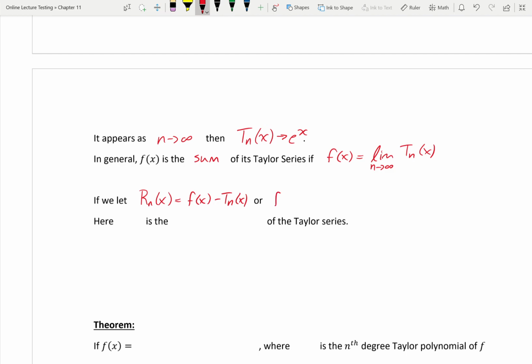Or f of x is equal to the Taylor polynomial plus the remainder. Again, here R n of x is the remainder of the Taylor series. So if we subtracted the two, that's what we're going to get.